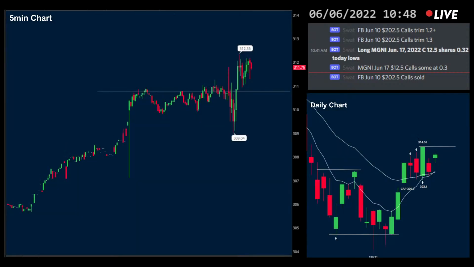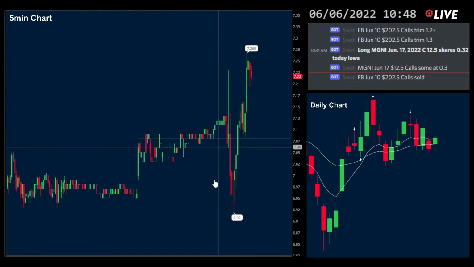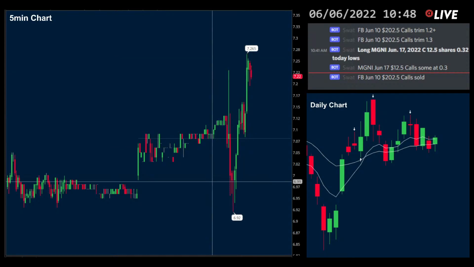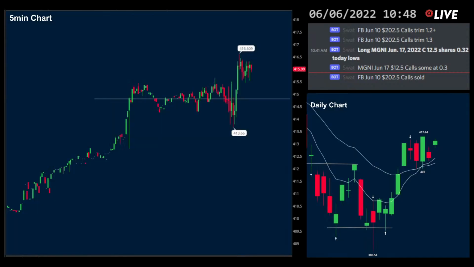The cube stalled at 312. Bulls need above 314 if they want it. SoFi also nice pop following the alert. SPY stalled at 416, needs above 417 for the bull case.